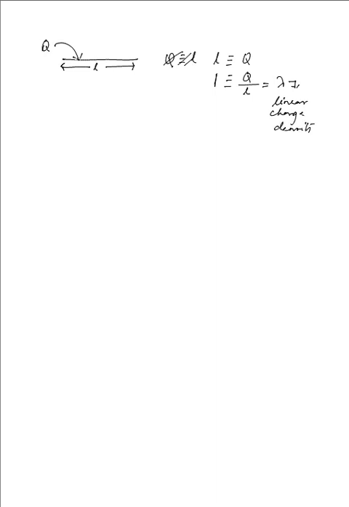Now what about the case of a linear charge distribution, just like in the case of a wire, a wobbly wire, probably not a straight one. And here we have a point where we want to determine the electric field intensity due to that entire linear charge distribution. Now remember, this has a charge Q distributed over its entire length, where the charge per unit length is obviously lambda, that is the linear charge density.